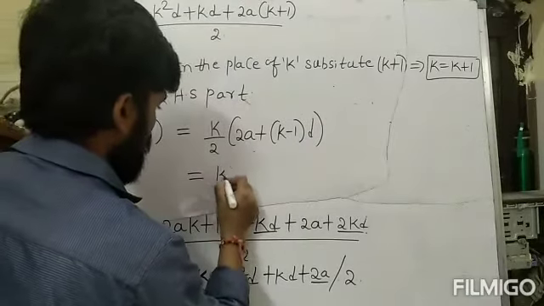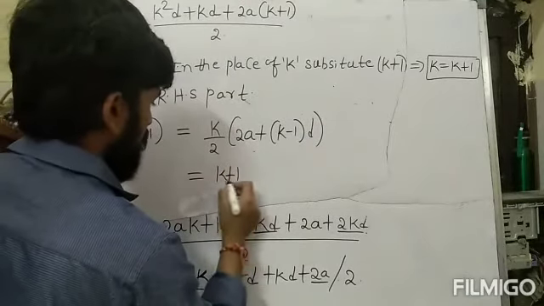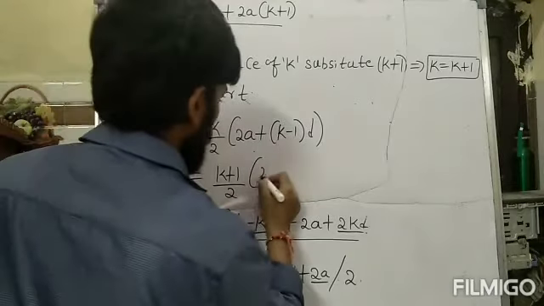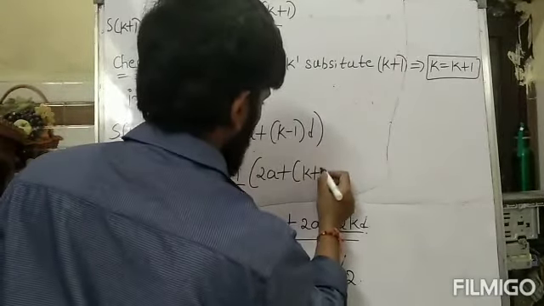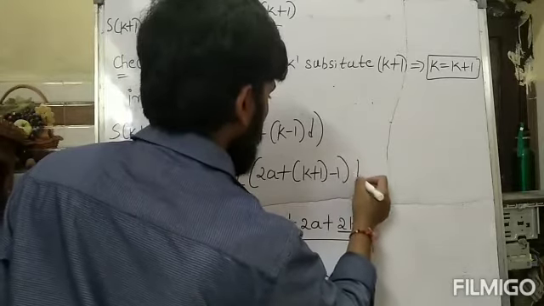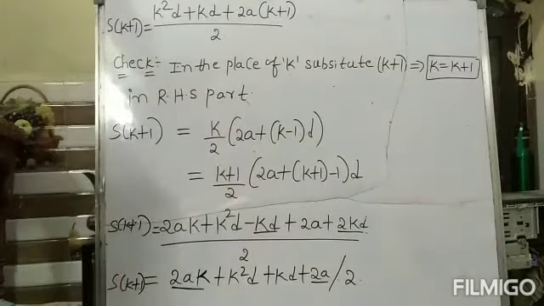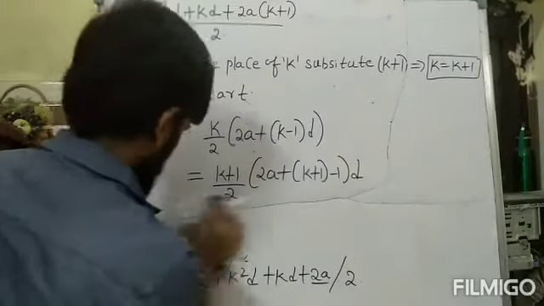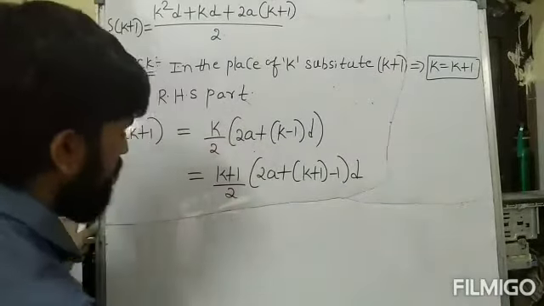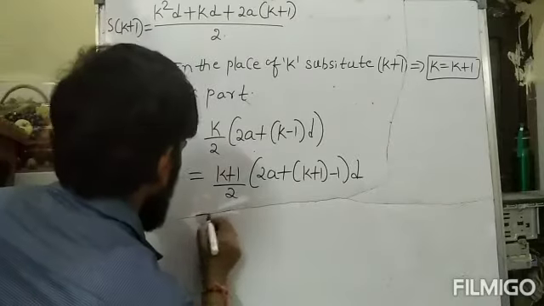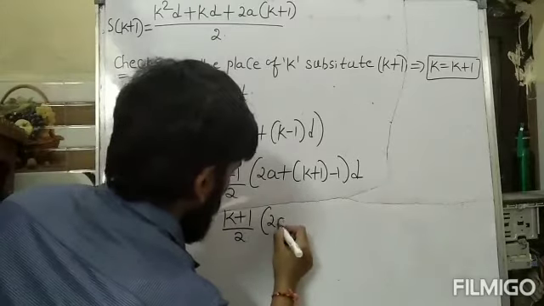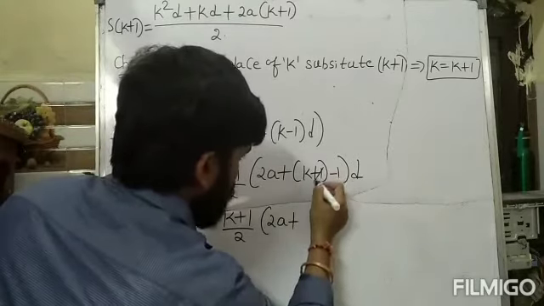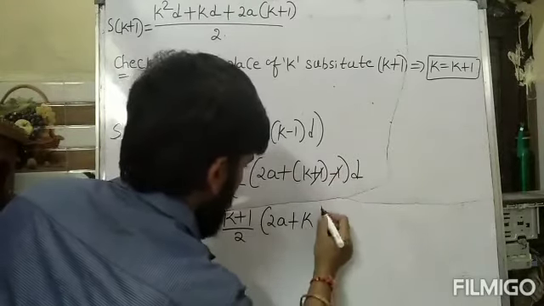In the place of k, we need to substitute k plus 1: k plus 1 by 2 into 2a plus k plus 1 minus 1 into d. Then what are you going to get? k plus 1 by 2 into 2a plus 1 minus 1 cancel, that is kd.